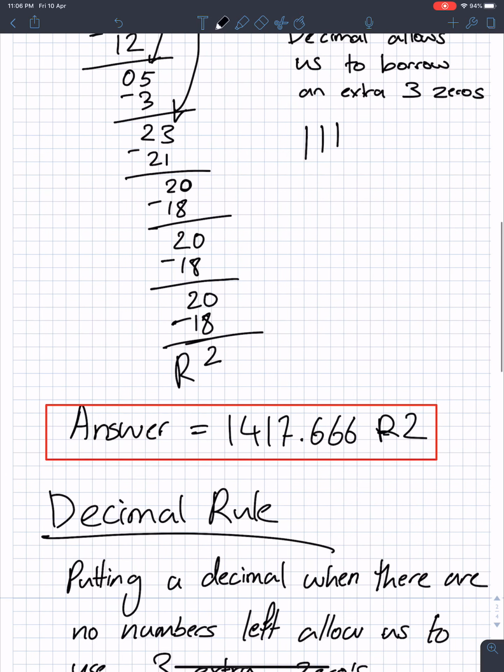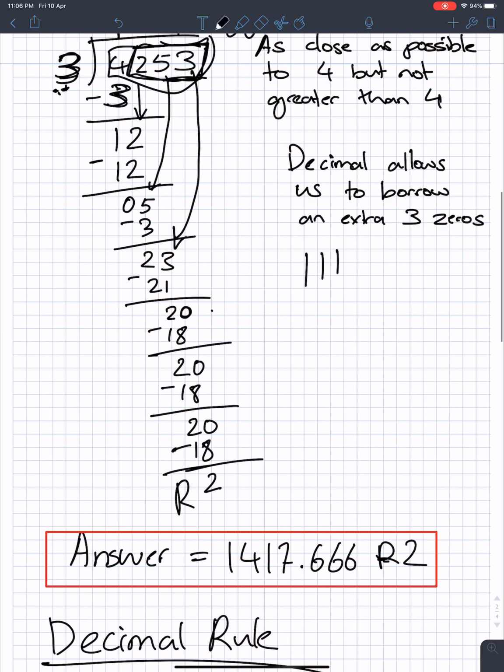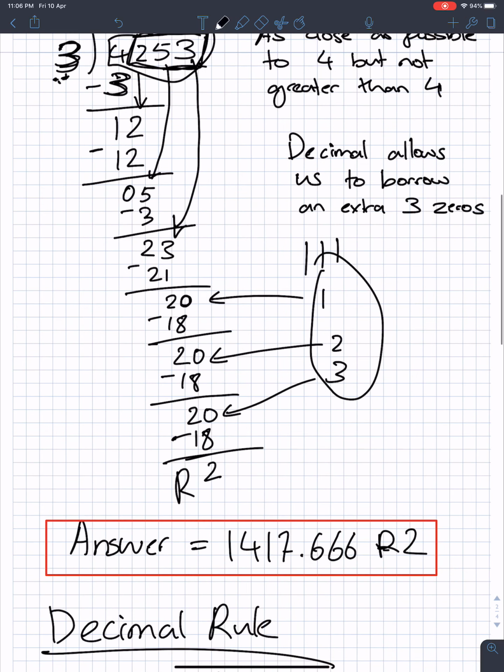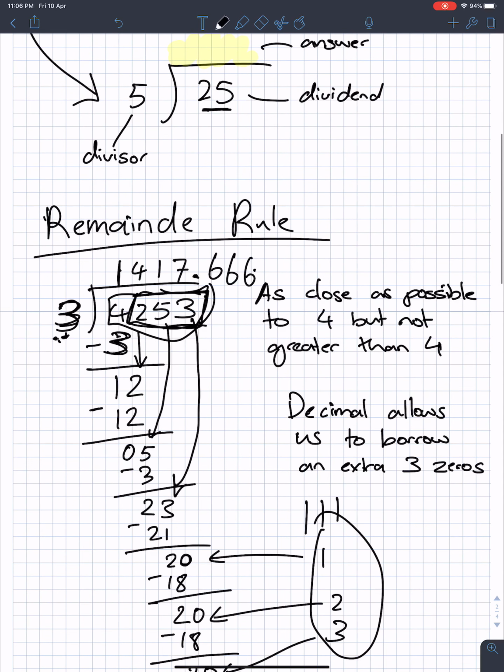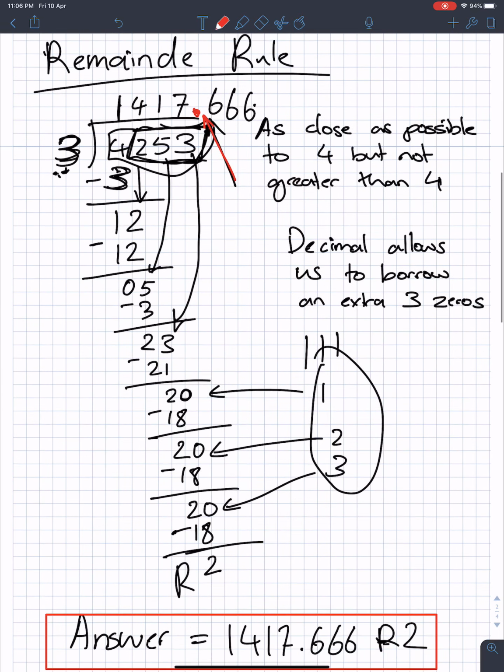And that's what we did here. So we used one of the zeros here, one of the zeros here, and one of the other ones here. So 1, 2, 3. So these 3 zeros, or the fact that we could use them, and only after we've put in this decimal point here, signifies the decimal rule pretty much.